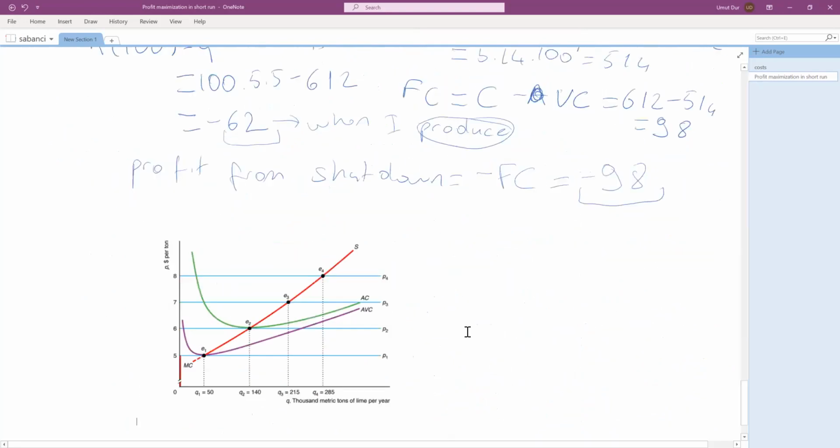What if I want to find the supply curve of this competitive firm? Here I wrote it as supply, but let's think that this is the marginal cost curve.